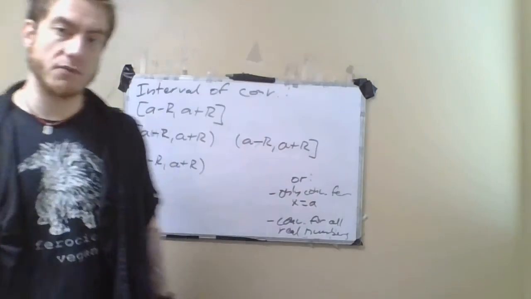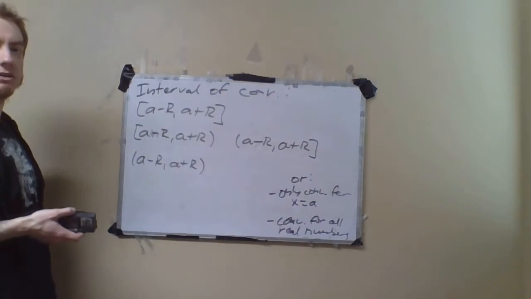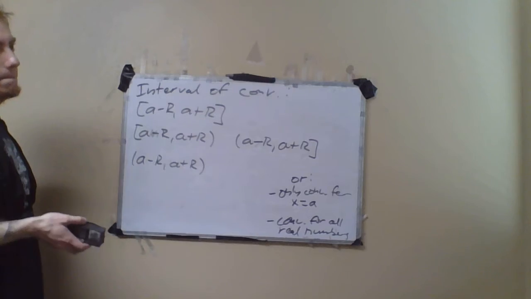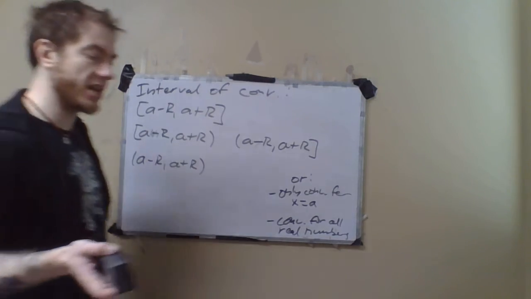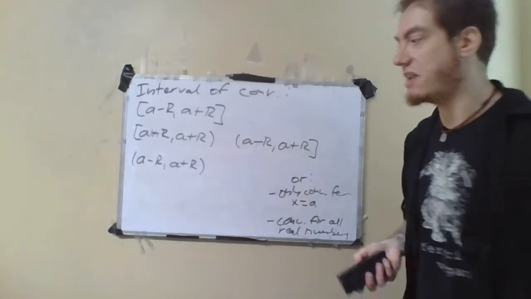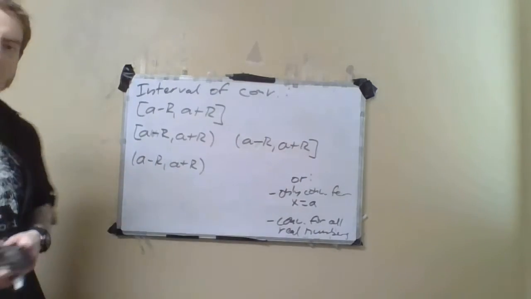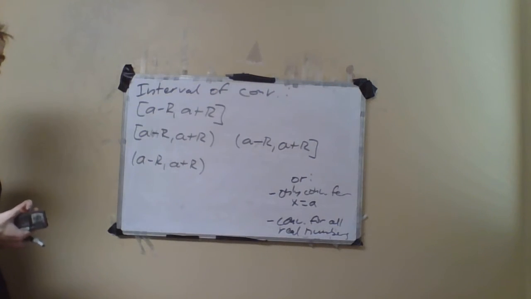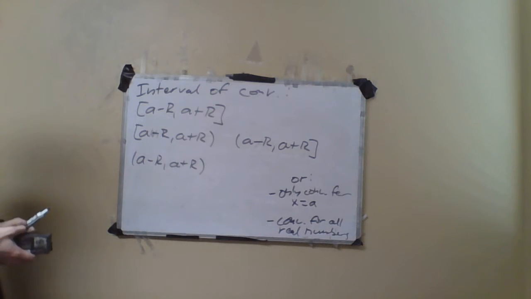Often, at least one of them, you might be able to do with an alternating series test. But again, you're just going to have to look at the specific example and figure it out. The other good news is that for a lot of the power series that we're going to be interested in, the convergence is going to be all real numbers, so we don't have to worry about endpoints.